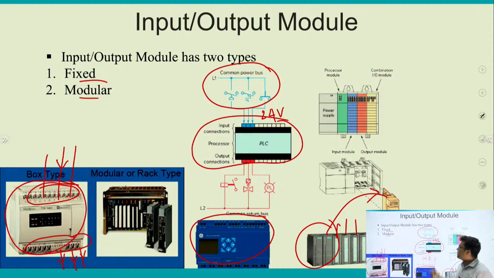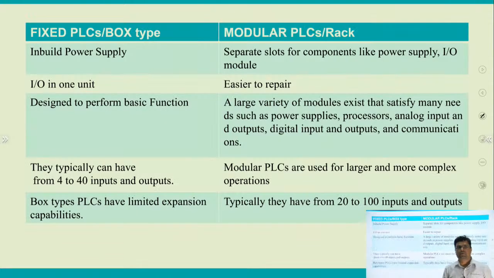The basic difference between the fixed system and the modular system is that a fixed or box type PLC has an inbuilt power supply and the input output module in one unit. It is designed to perform basic, very small functions. We can use a fixed type PLC, limited to 4 to 40 inputs and outputs.